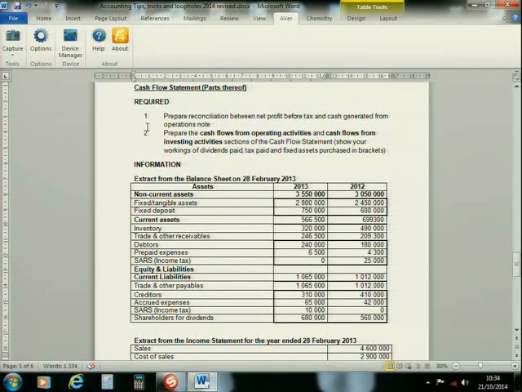Show your workings for dividends paid, tax paid, and fixed assets purchased in brackets. Right?